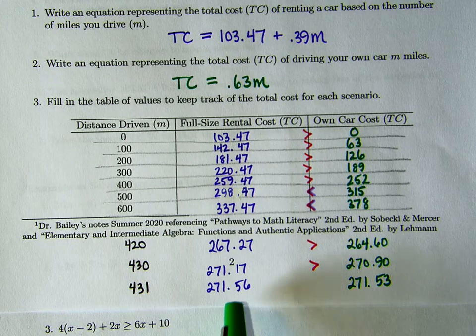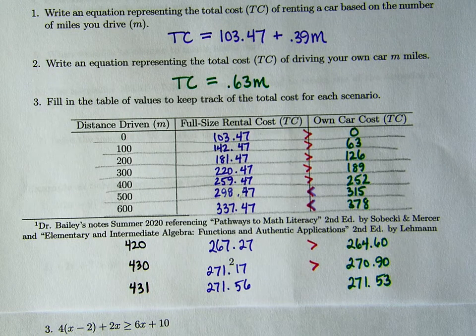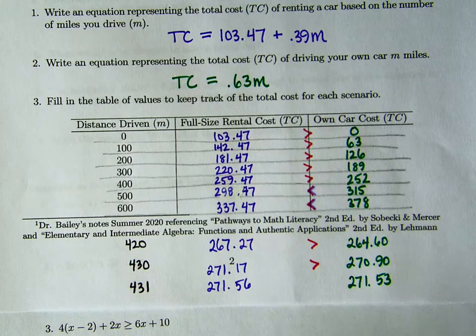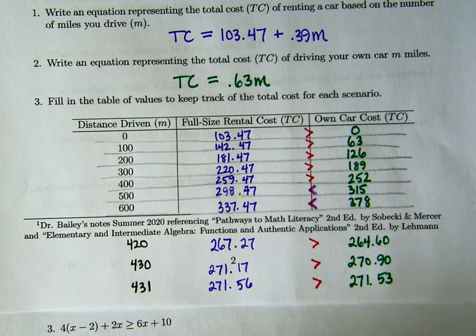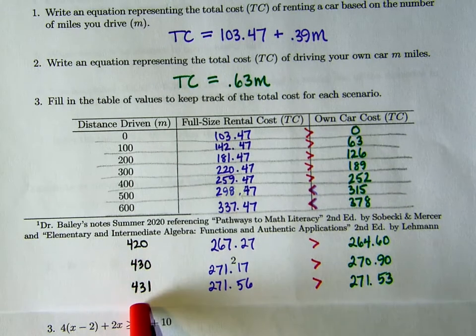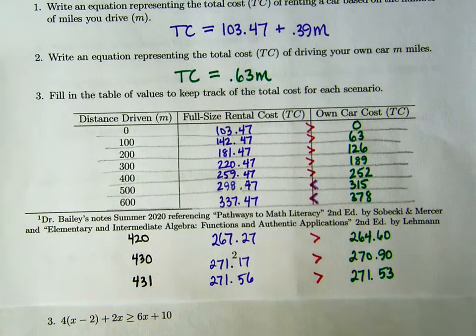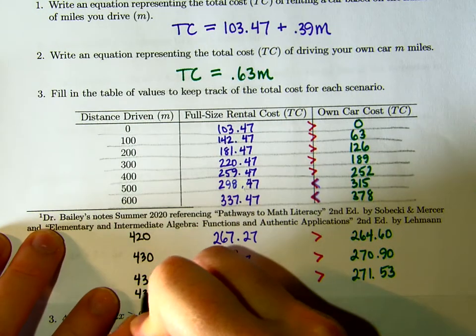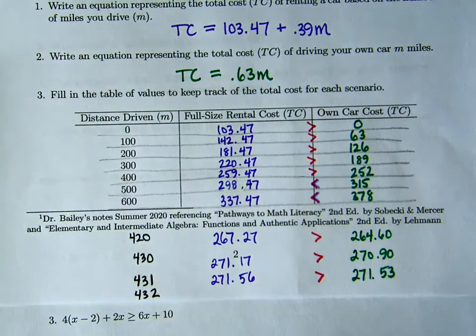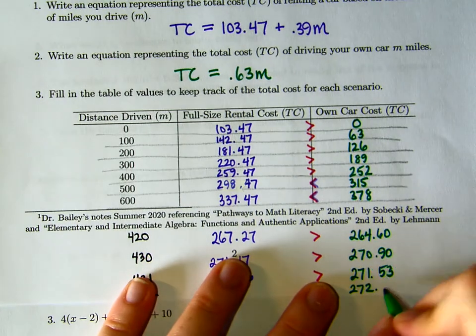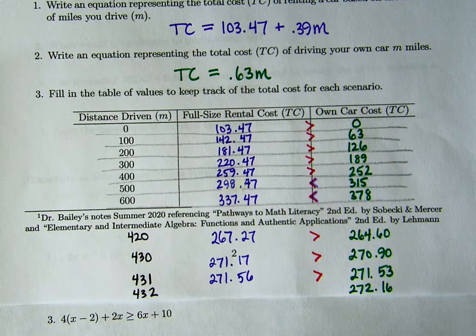Oh, so here, let's see. Okay, so it's just off by a smidge. Yeah? Okay, and then at 432, I bet you that's where it goes. Okay, this is a lot of just compute. 272.16.